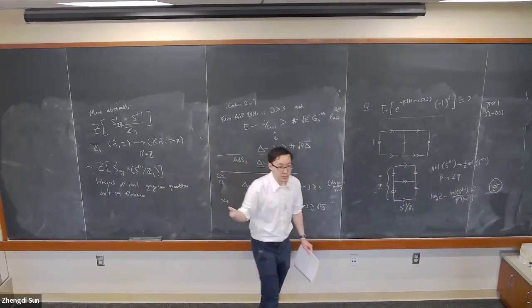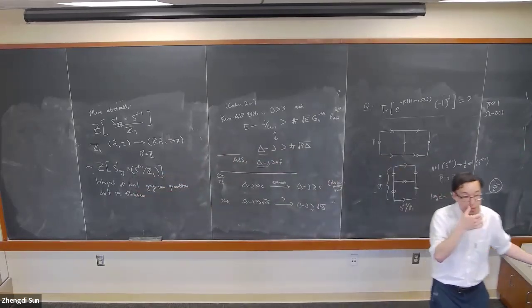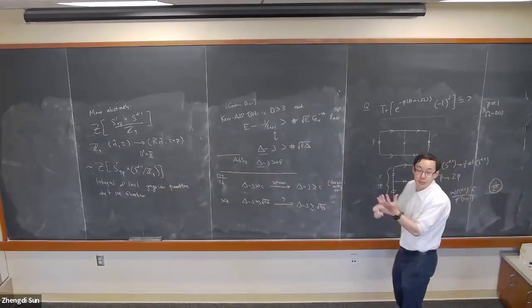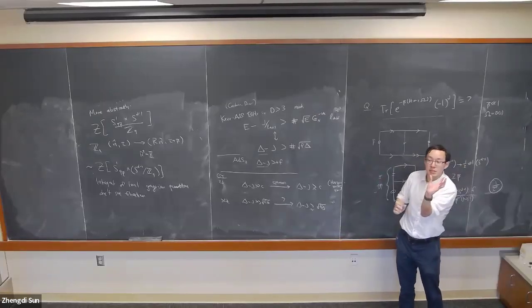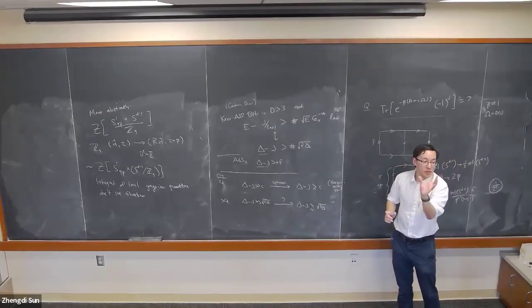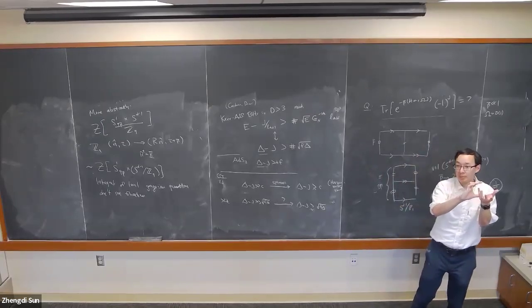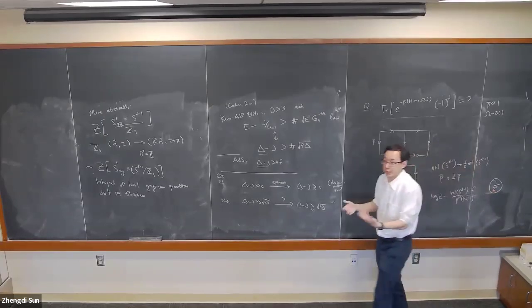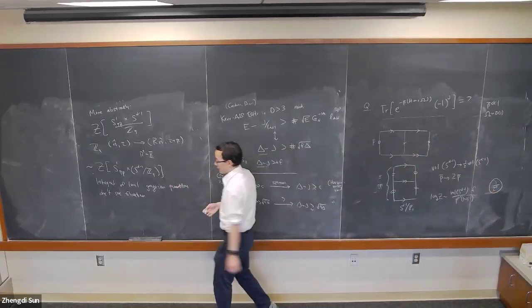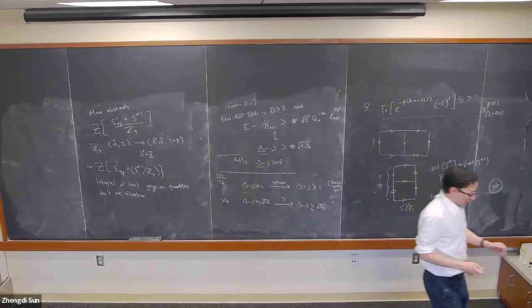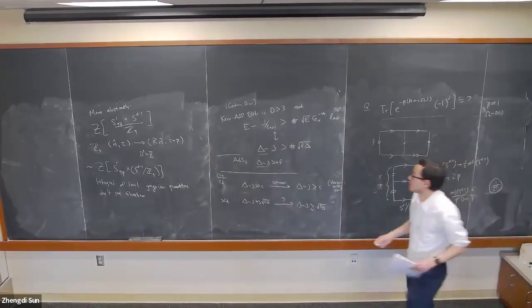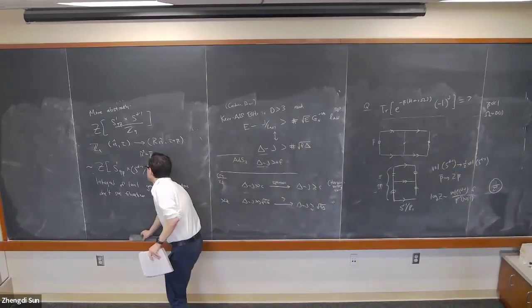For example, one very simple one to visualize is imagine d is equal to 3. So now you have this S^2 mod Z_q, and remember the action of this Z_q was to rotate by 2 pi over q. Okay, so there are 2 fixed points: the north and the south pole. And in general, there'll be a codimension 2 surface of fixed points. So let me write this here.